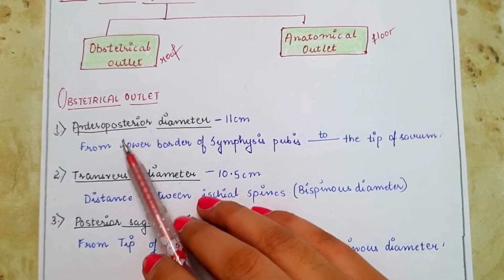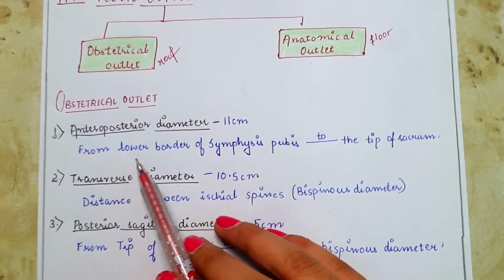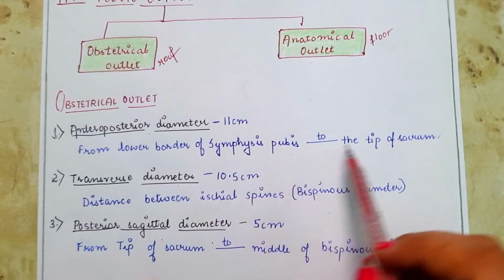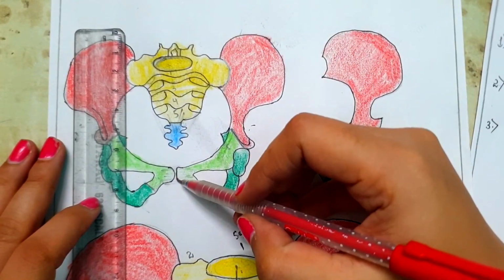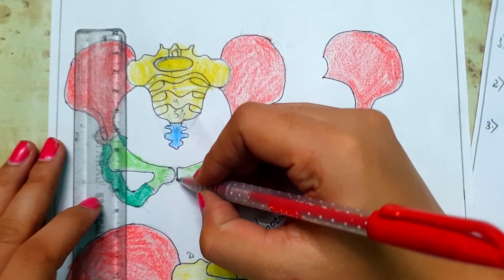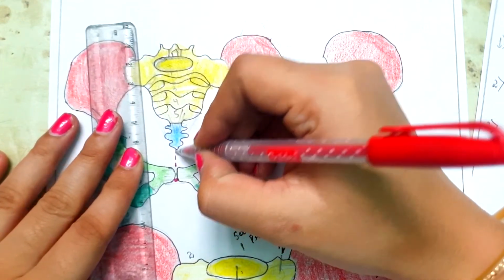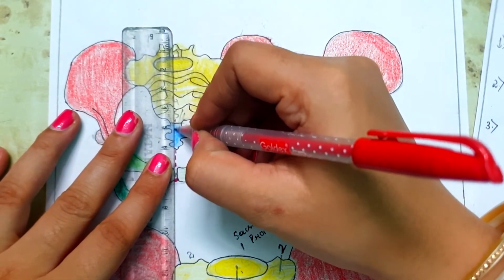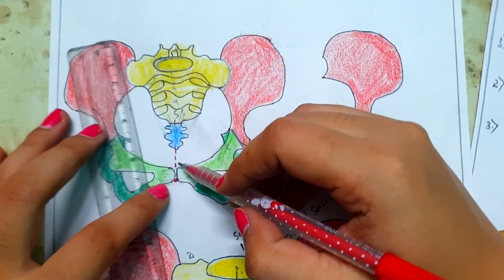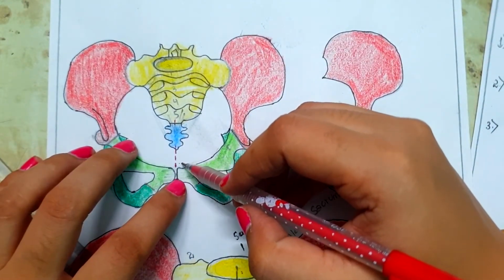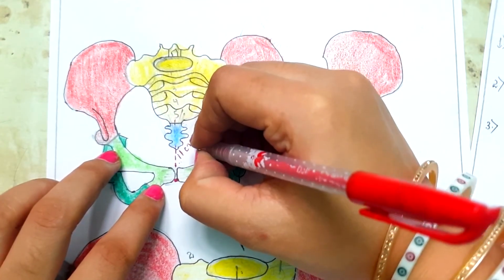Starting with the anterior posterior diameter, it extends from the lower border of the symphysis pubis to the tip of the sacrum. This diameter is known as the anterior posterior diameter of the obstetrical outlet and it is 11 cm.